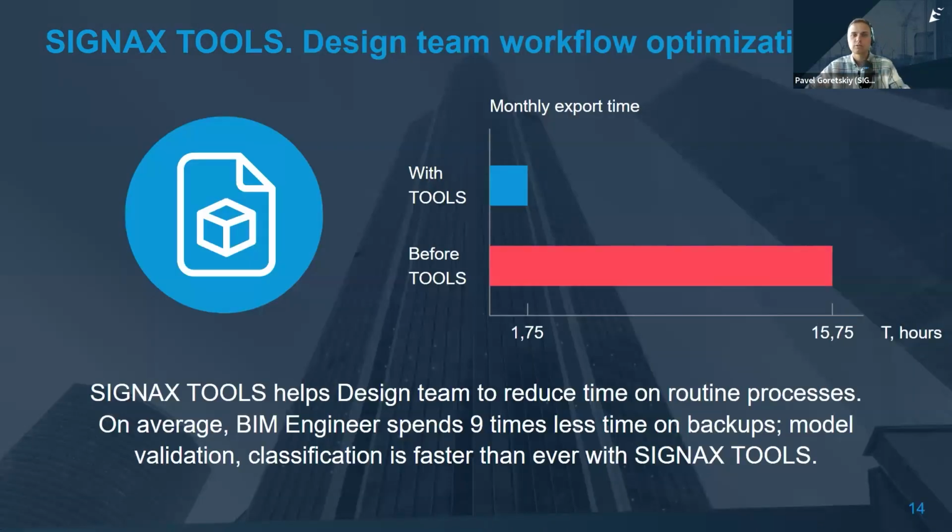And let's move to the more practical part of our workshop, where we will explore the real-world implementation of tools functions. And first, let's speak about design team workflow optimization. We will cover various features, including backing up of your Revit models, classifier, export to IFC and NWC files, and checker automatization, focusing on automating routine processes for BIM engineers.